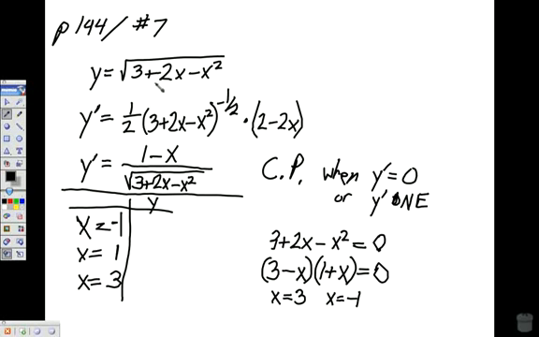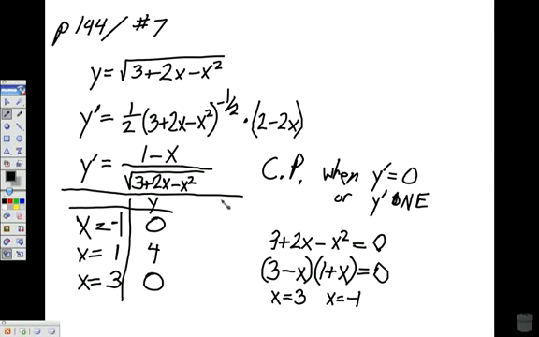It's 3 plus a negative 2x, so that's 3 minus 2 minus 1 is 0. We put in 1, we get 3 plus 2 is 5, minus 1 is 4. We put in x equals 3, we get 3 plus 6, that's 9, minus 3 squared is 9, we're back down to 0 again.